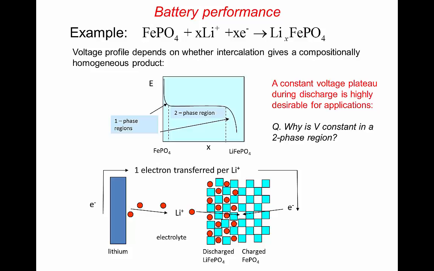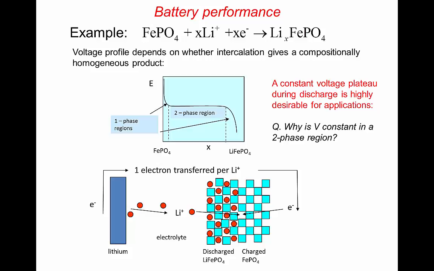And in the charge state, you have FePO4 containing Fe3+, and during discharge, lithium ions and electrons intercalate into the structure. It's a so-called olivine crystal structure to give LixFePO4. And so the redox couple, the active couple, is iron, and it goes from Fe3+ to Fe2+ on discharge.